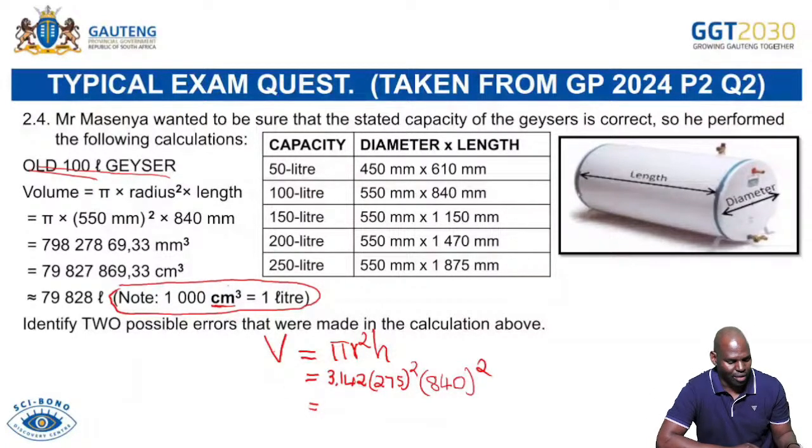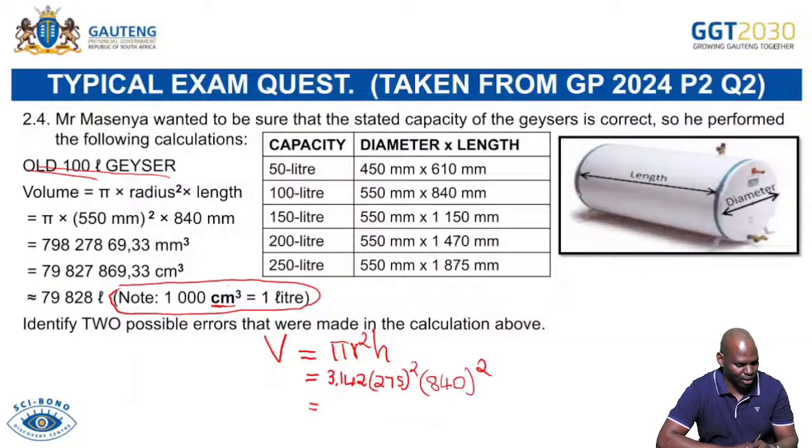Okay, then if I simplify this, I say 3.142, and then open bracket 275, close the bracket, I square it, and then open bracket 840, then close the bracket.